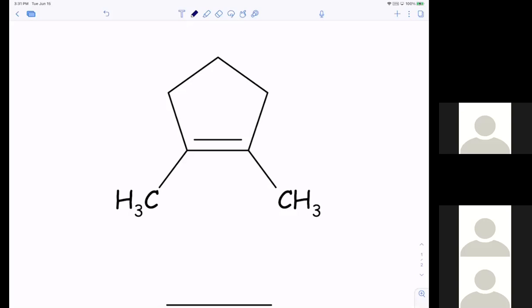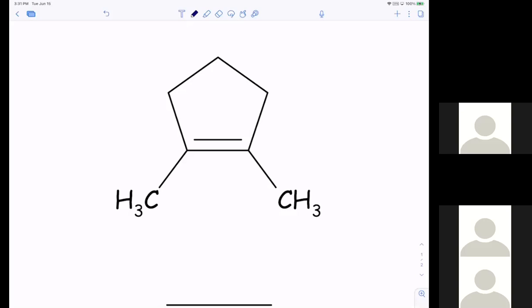Or the whatever the thing with the double bond, I don't remember what it's called. Someone help him. Dimethylcyclo... what? Pentene. Pentene. Yeah. With a double bond, it's an alkene, isn't it?